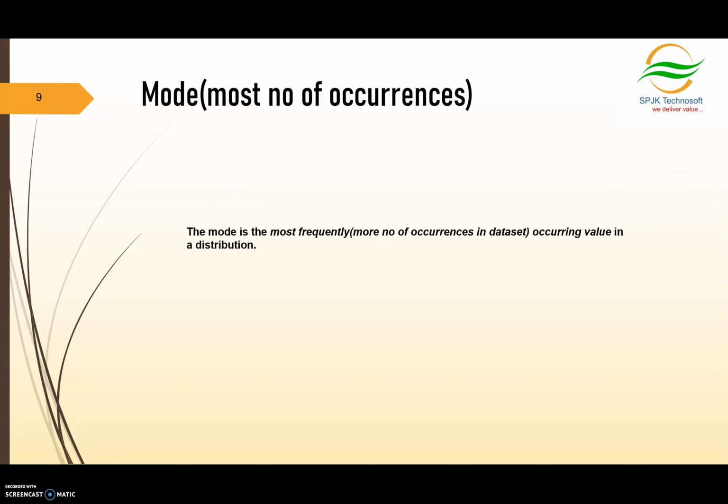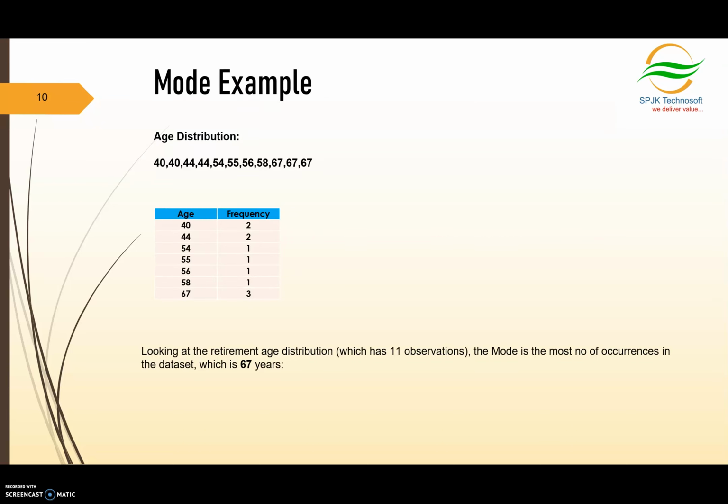And then next is mode. Mode is the most number of occurrences. The most frequently occurring data point is taken as the mode. So how to calculate the mode? Again, going with the age distribution, if you see the below distribution, the left column is age, the right column is frequency. The ages have been given in the age column, and the frequency, the number of times each has occurred, has been given in the frequency column.